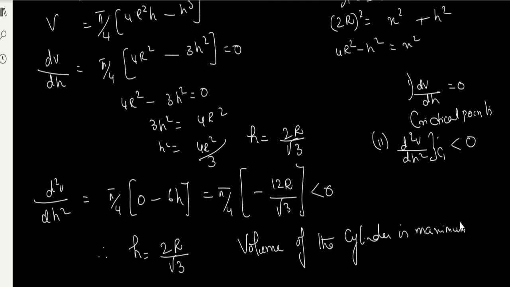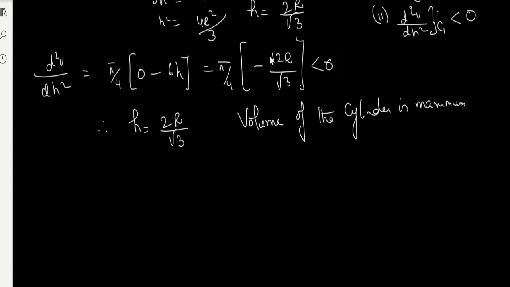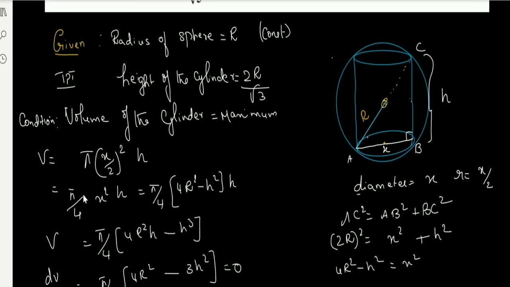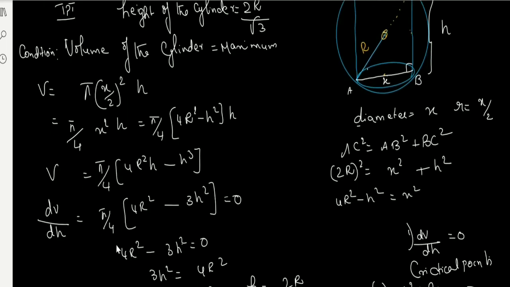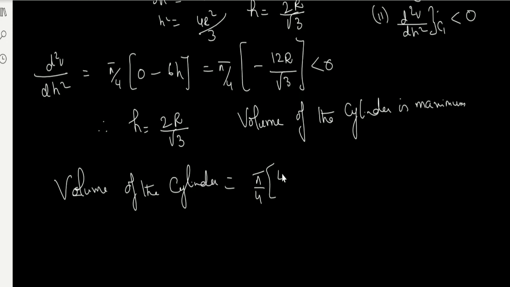So we have found that the height is 2r by root 3 and they ask you to find the maximum volume also. So the maximum volume is the volume of the cylinder, pi by 4, 4r square h minus h cube.